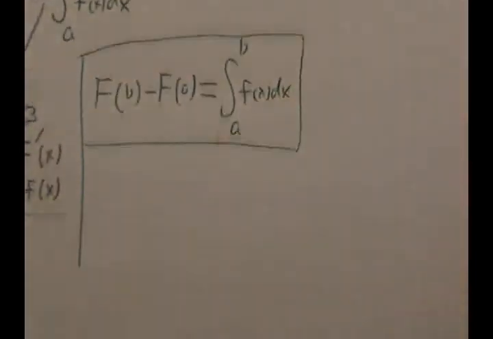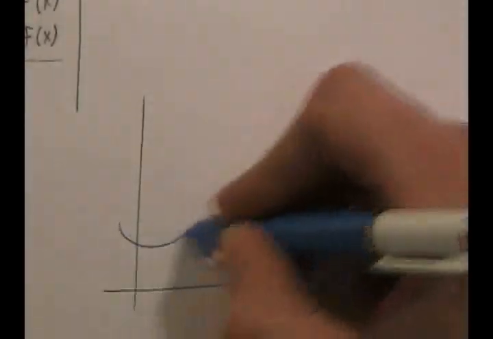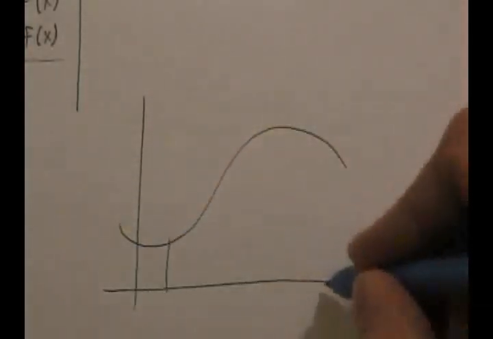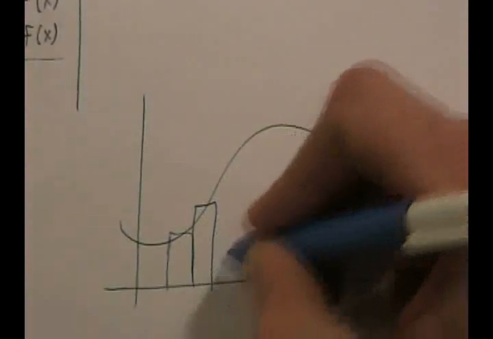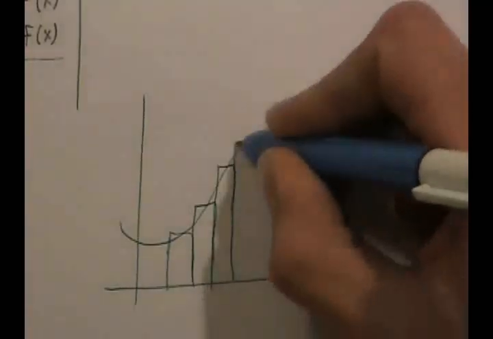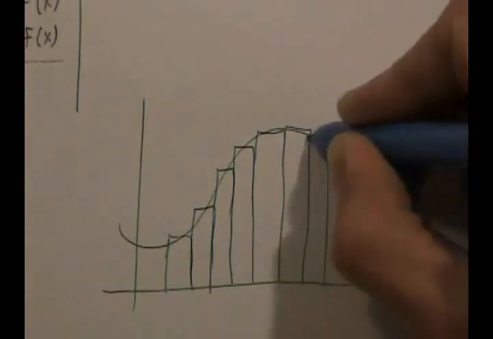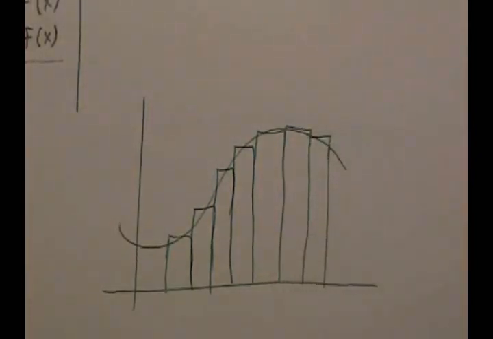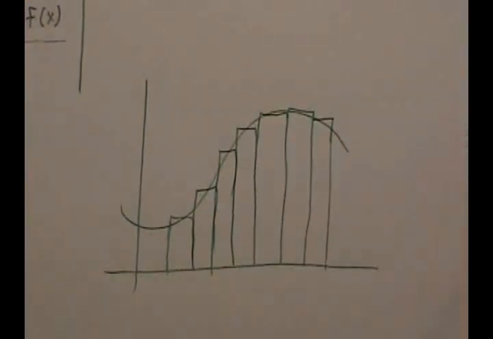All right. Let me just go back one more time. What this is saying is that when you have some function and you want to find the area, the way that we do this is we make a bunch of rectangles here, and theoretically we would add up the areas of all these rectangles, and as we used infinitely many of them, we would exhaust all the area underneath the curve, and that would be that.